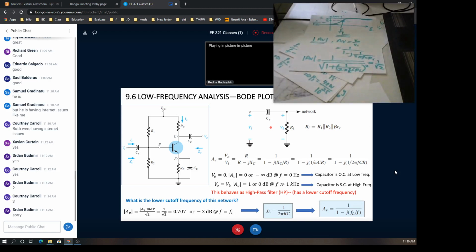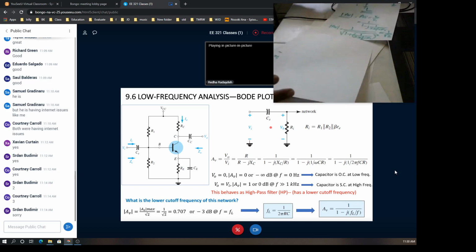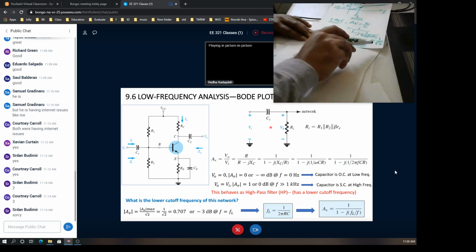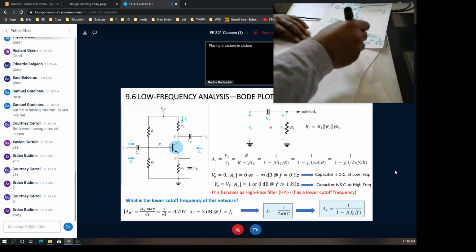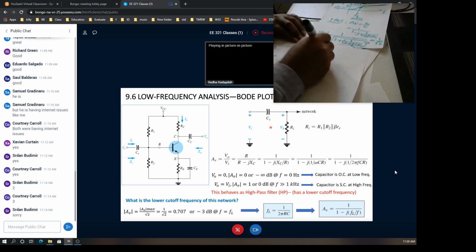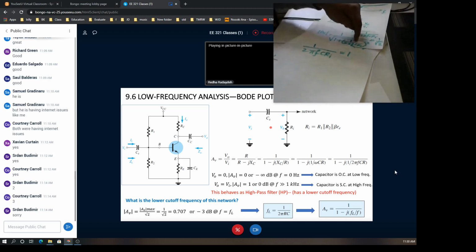By doing so, very simple, looking at this expression, in order to get this term equal to 1 by square root of 2, we have to have 1 by 2π F C Ri simply equal to 1. If this is satisfied, we will have the square root of 1 plus 1.